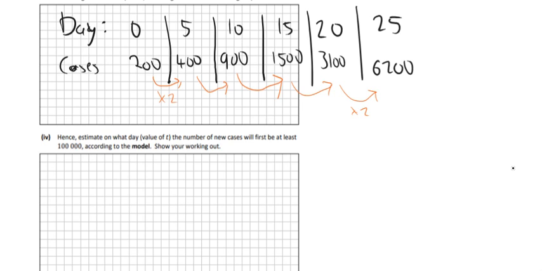So on day 25, it's 6,200. Then if it keeps doubling every 5 days, on day 30, it'll be 12,400. On day 35, it'll be 24,800.